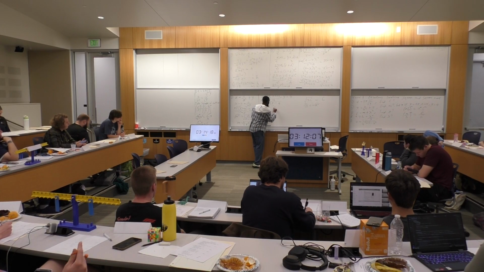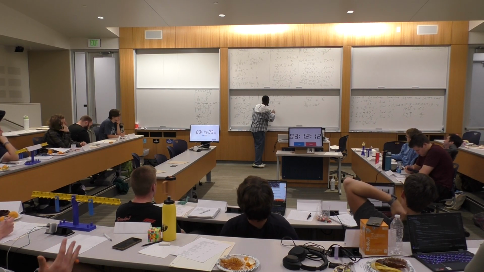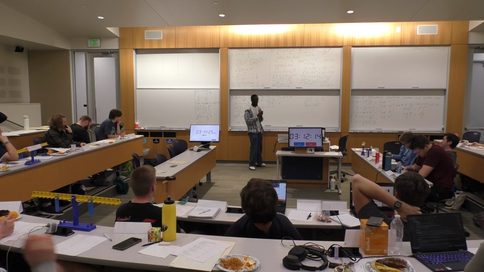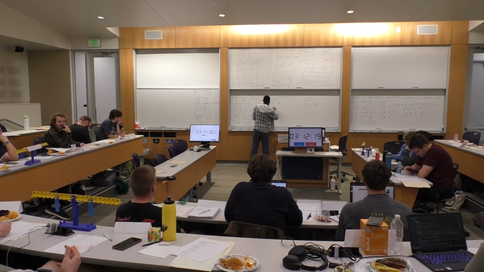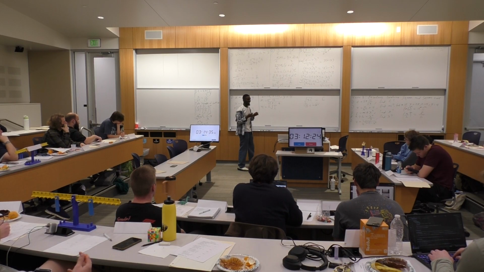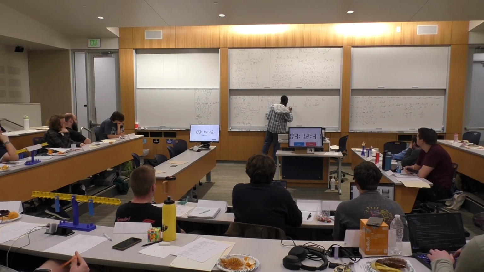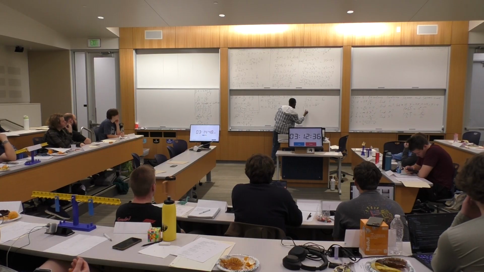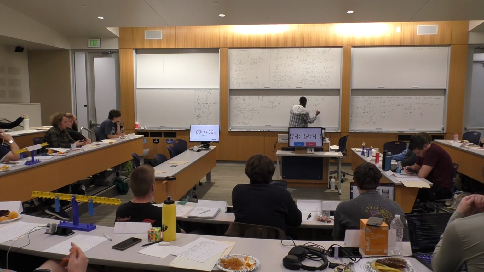Because it would be 12 over 24, which is 1 half. So the square root of 1 half. You say 1 half, but 1 half is 1 over 2, and 1 divided by 1 over 2 would be 2.